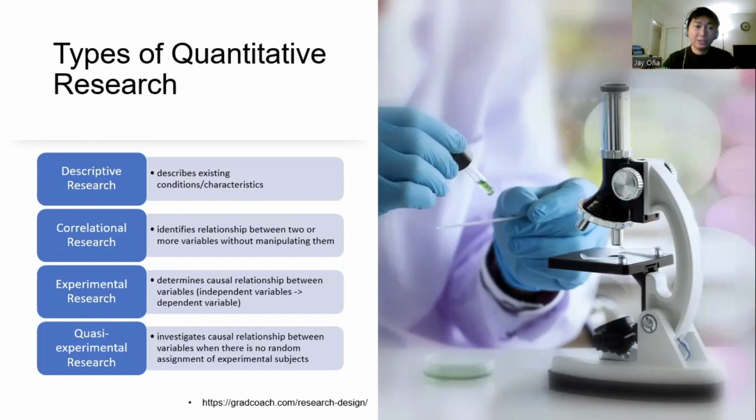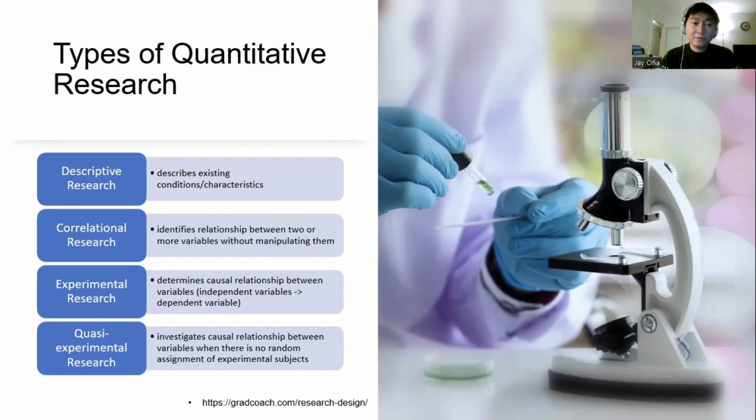So that's correlational research. While experimental research is dito na po tayo mag-impose ng controls or treatments on our samples, because this determines if there is a causal relationship between the variables.